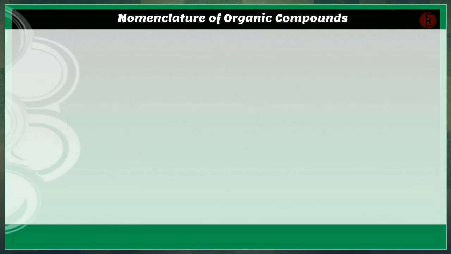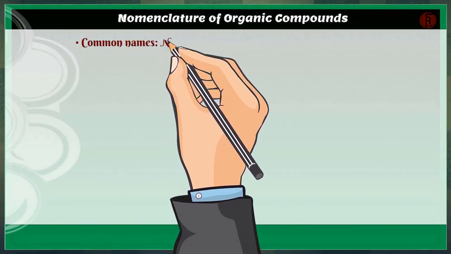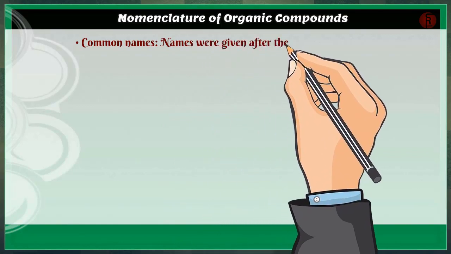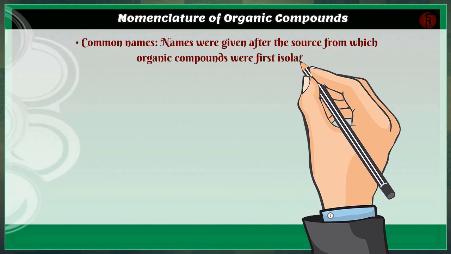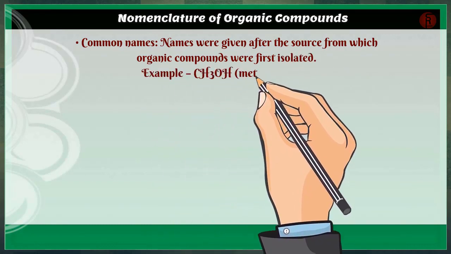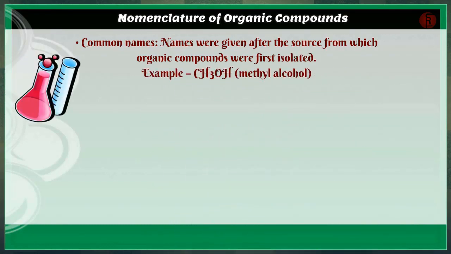There are two types of nomenclature of organic compounds. First one is the common name. The names are given after the source from which organic compounds were first isolated. Example: CH3OH, methyl alcohol. Another way of nomenclature was developed by IUPAC.